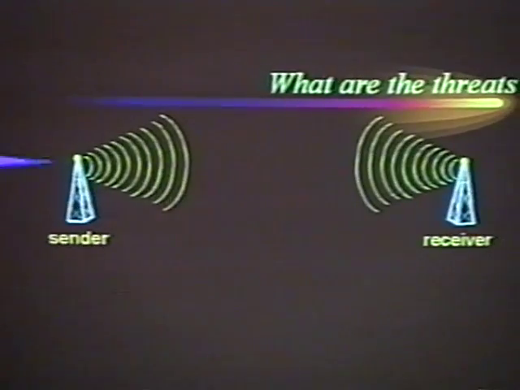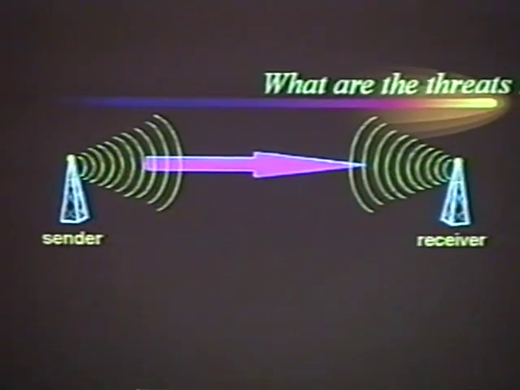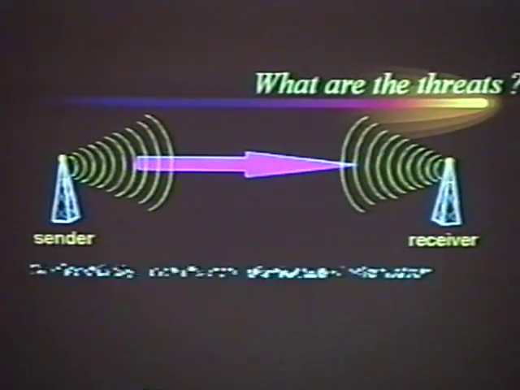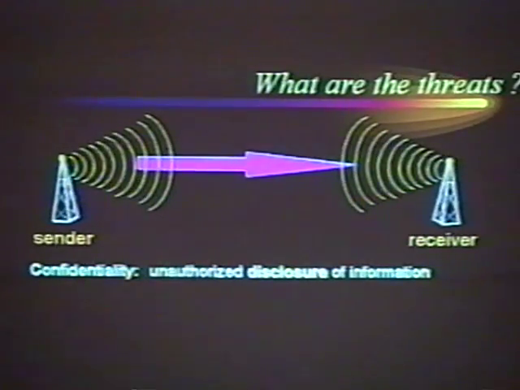If we're talking about communication, there are always a few threats. I'll just mention a couple of them. First of all, we can consider confidentiality. If there is unauthorized disclosure of information, your confidentiality gets lost.